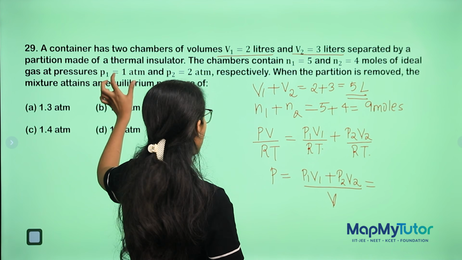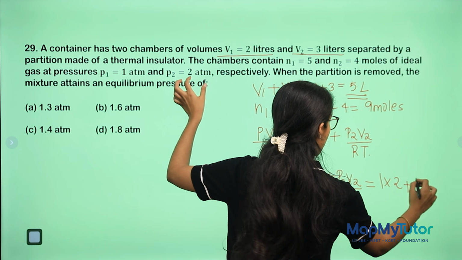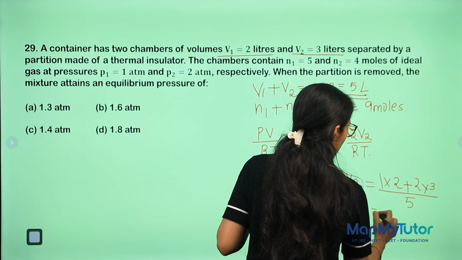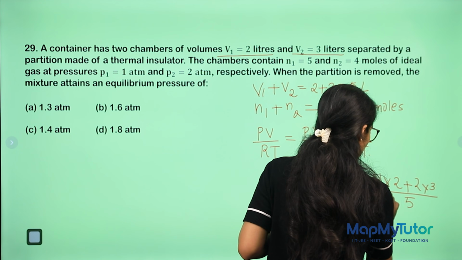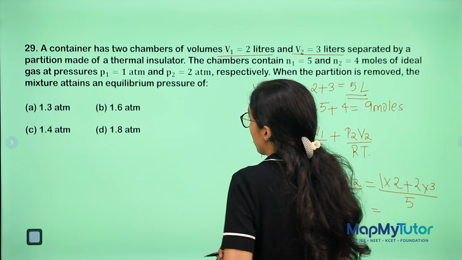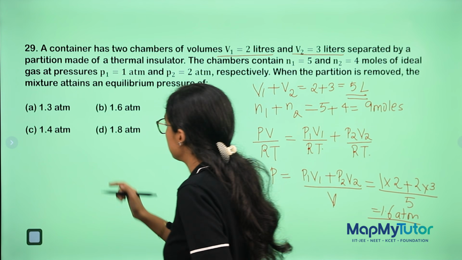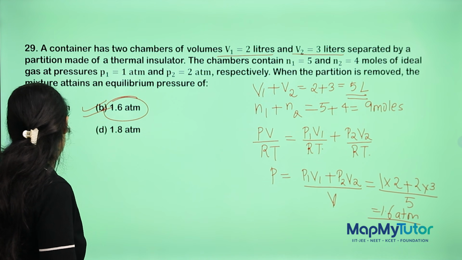Pressures are given to you. 1 into 2 plus 2 into 3 upon total volume, which is 5. So that is 2 plus 6, 8 by 5. 8 by 5 is 1.6. So 1.6 is the right answer. Easy, simple. Just in 2 steps you can do it.